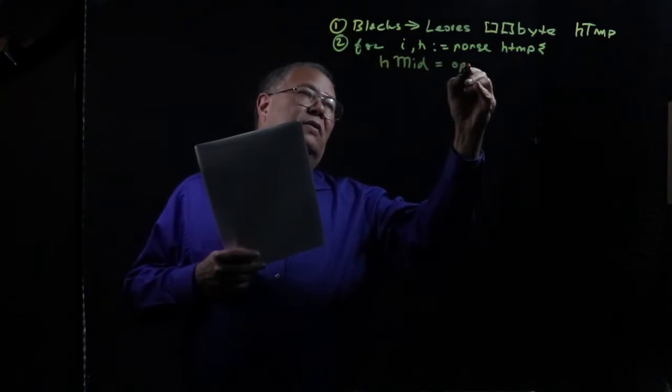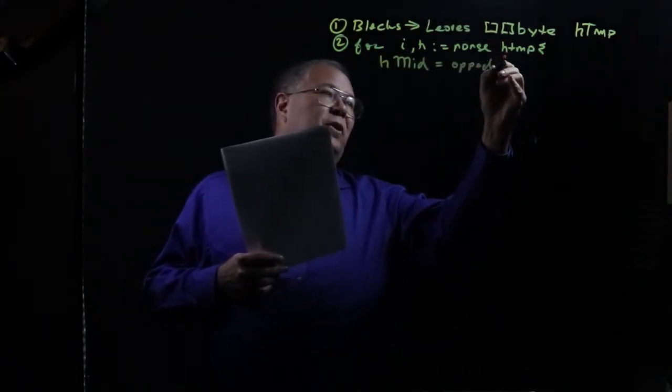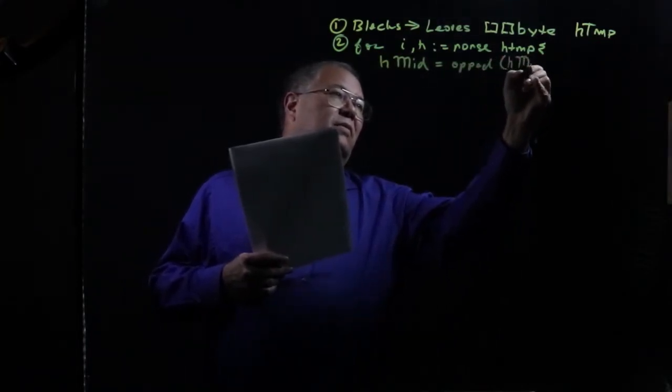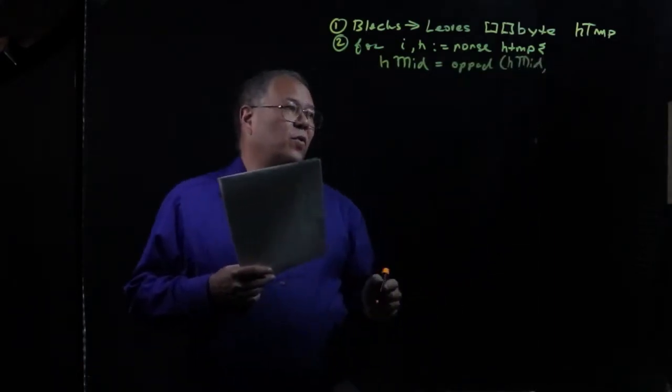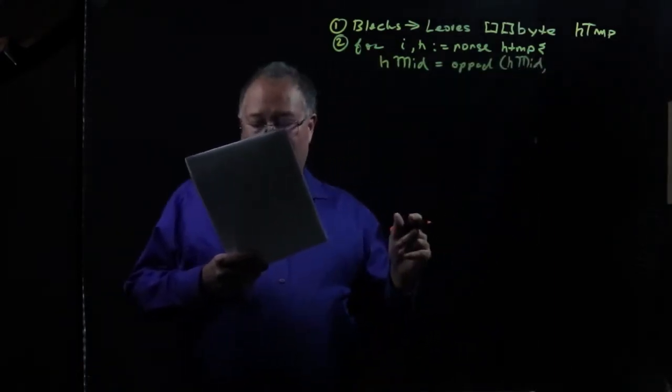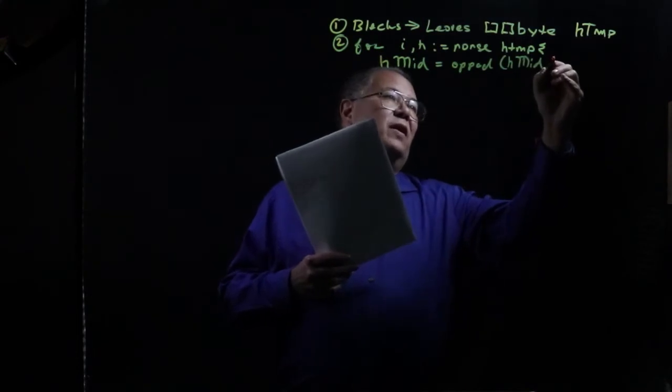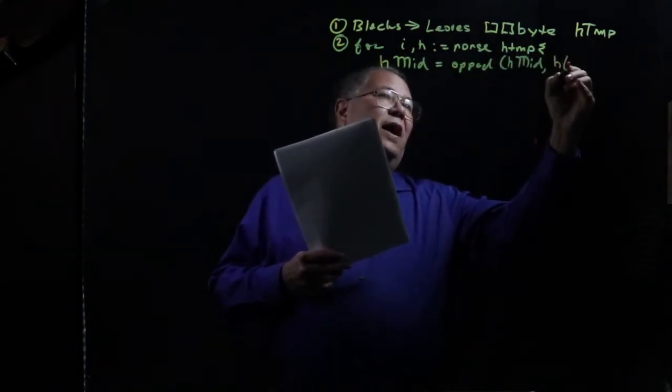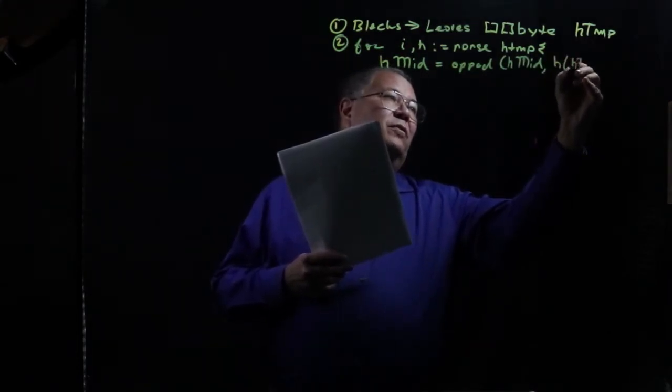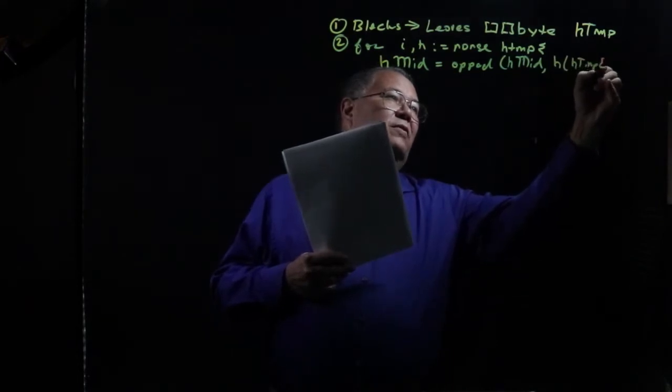HMid equals append of HMid, and we want to take the hash, which is hash.Hash of something like that. I'm just going to call it H here. And we're going to do HTMP sub i.